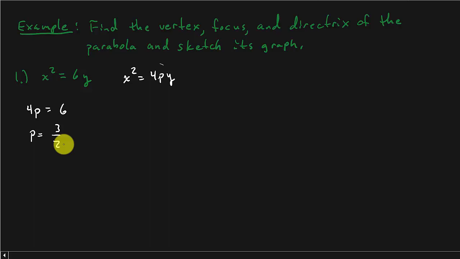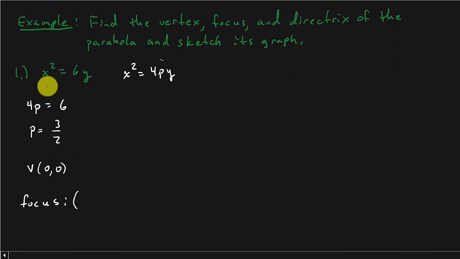Now, what's our vertex? Our vertex is (0, 0). We have to find the vertex, focus, and directrix. For the focus, remember, we've got x squared equals 6y, which is in this form here.